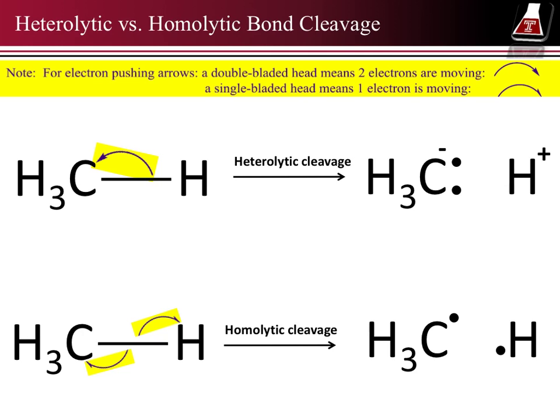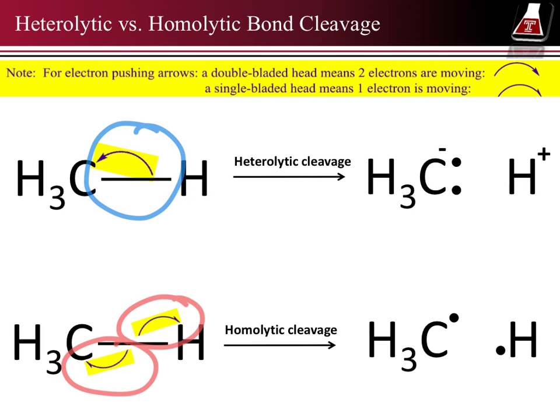Hopefully that makes sense. Both cleavages involve two electrons moving, right? It's just that one involves the electrons moving all in the same place, and then these arrows indicate one electron moving in the indicated direction. So hopefully that makes sense.